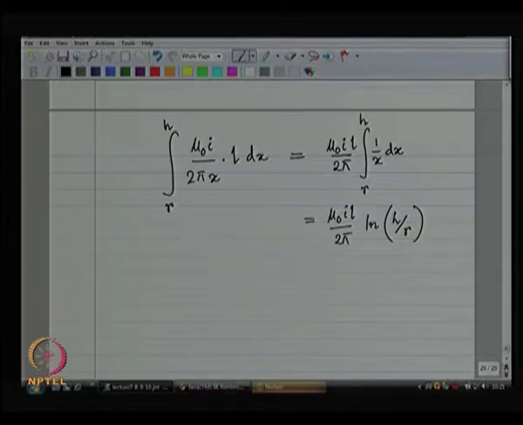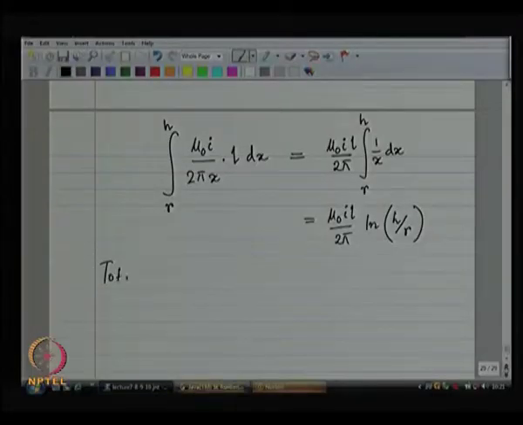Now, if I look at the return current, it is also going to give me a similar integral, and the result is basically going to be identical. So, the forward current is going to create some flux, the return current is also going to create an identical flux. So, total flux is going to be twice of this.